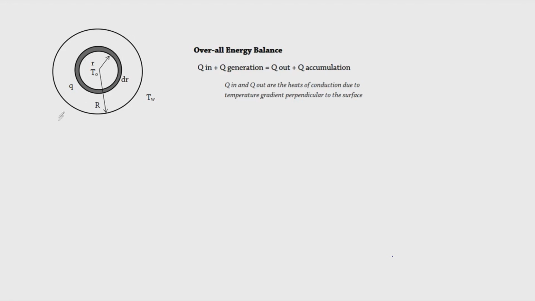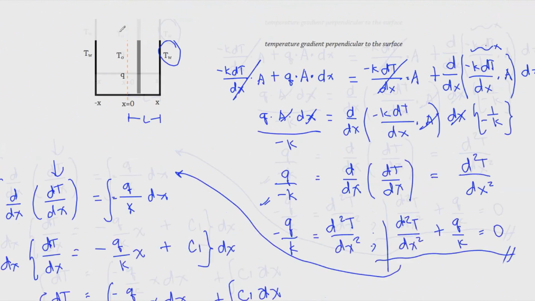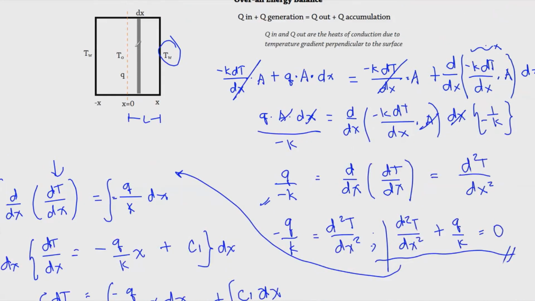So in that case, since we're not dealing with slabs anymore, our dx would turn to be dr, the infinitesimal change in the radius, and our A will not be constant. Before, a slab would just have to travel the area here, and it would be the same.